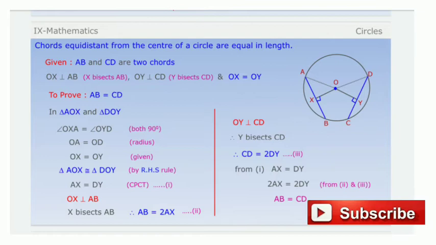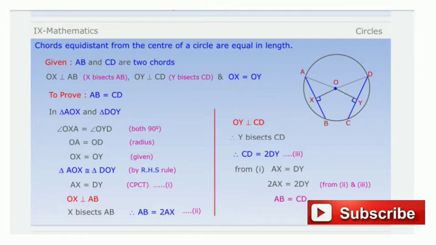Then we have to prove AB and CD are equal. In triangle AOX and triangle DOY, we have to show these two triangles are congruent. We have angle OXA equal to angle OYD, they are 90 degrees, so they are equal.